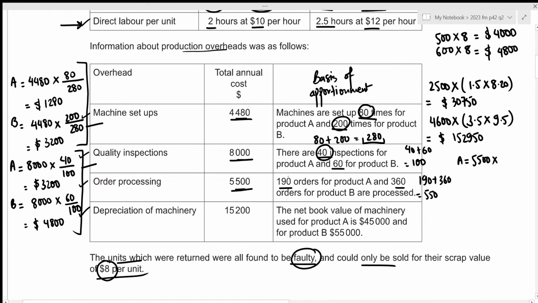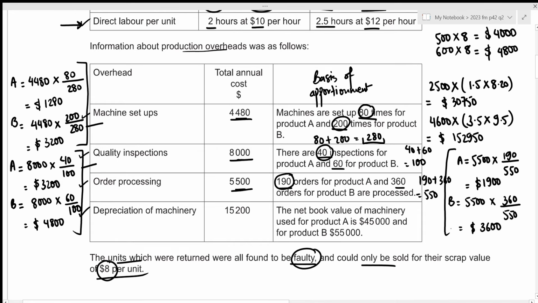And the number of orders processed for product A was 190 out of the total of 550. This means that our order processing cost for product A is just going to be 1,900. We repeat the same process for product B. We start with the total multiplied by 360 divided by 550, which results in 3,600.